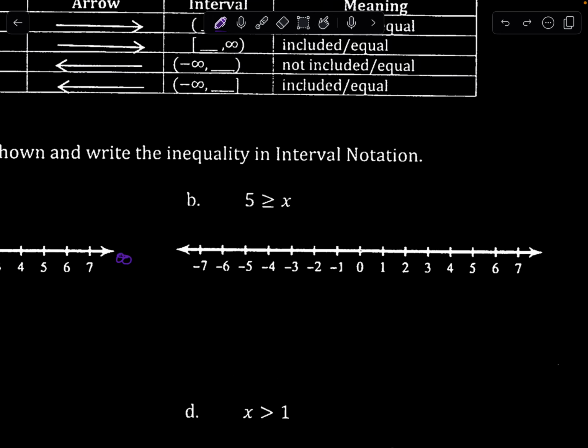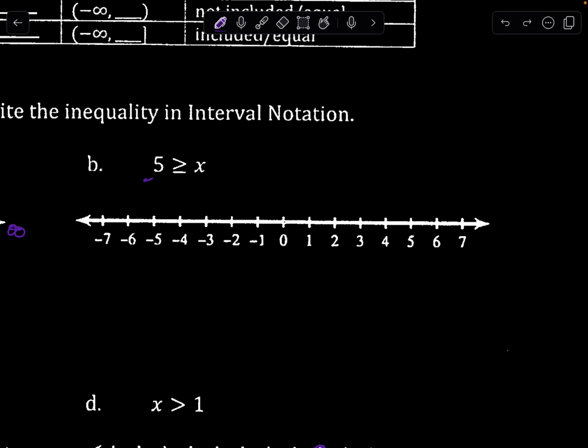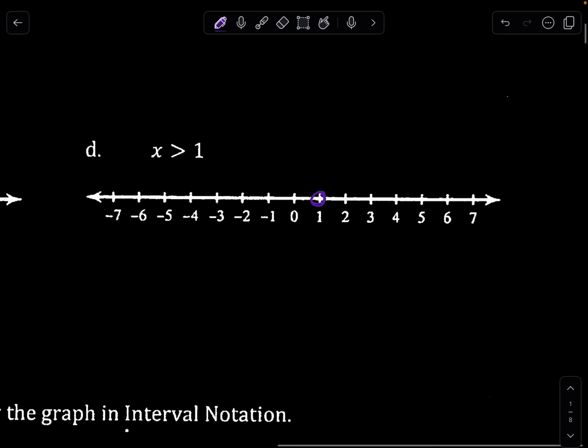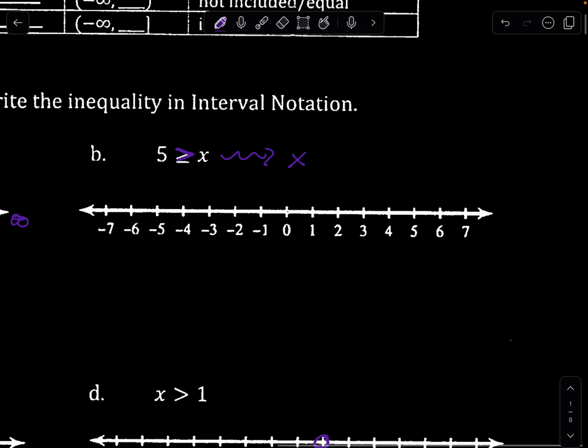So let's rewrite it. We're going to say that x, and you can see that the point of our inequality is going to point right at x. It's going to face that same direction when we turn it around. So we should have x is less than or equal to 5 written down.